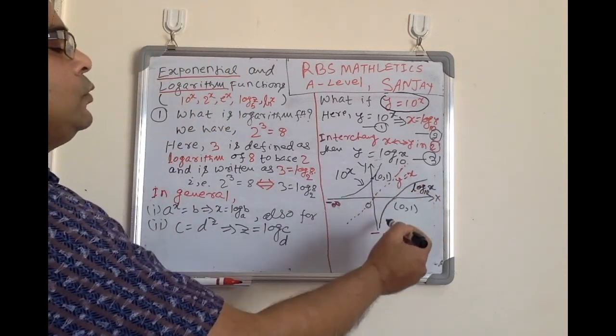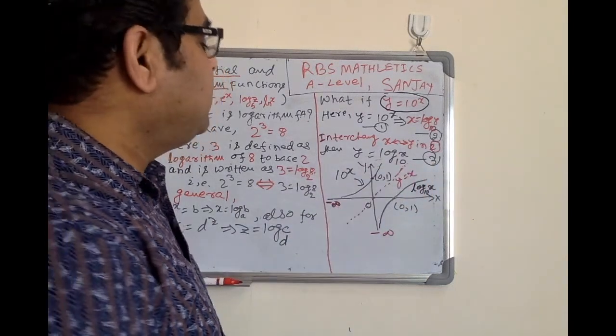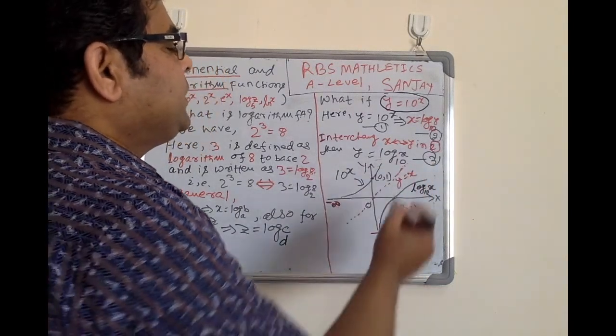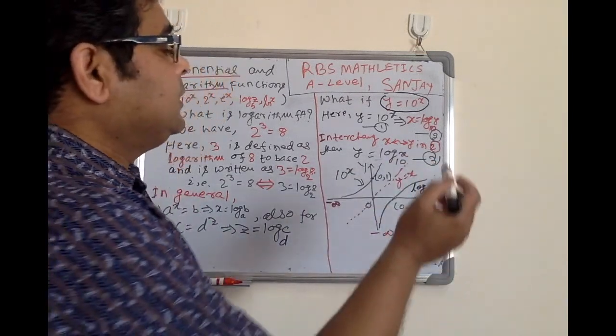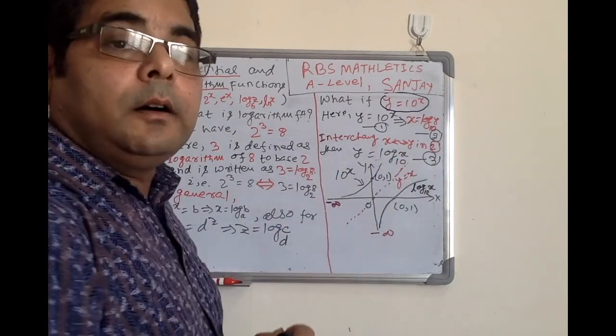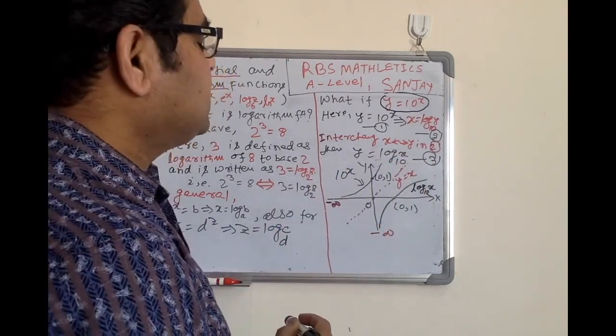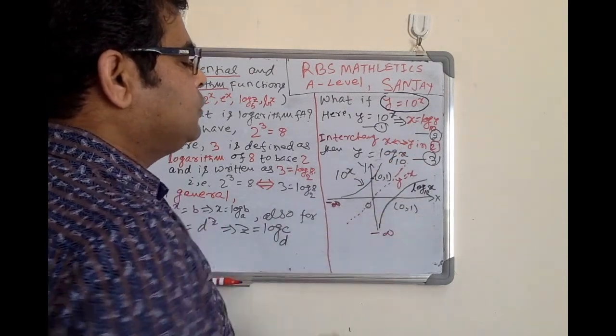Similar thing you can do for the other function, which is in logarithm form. If you put x equal to 1, you take a calculator and enter log base 10 and put 1 for x. You will see that this value is going to be 0, so this curve will pass through (1, 0).